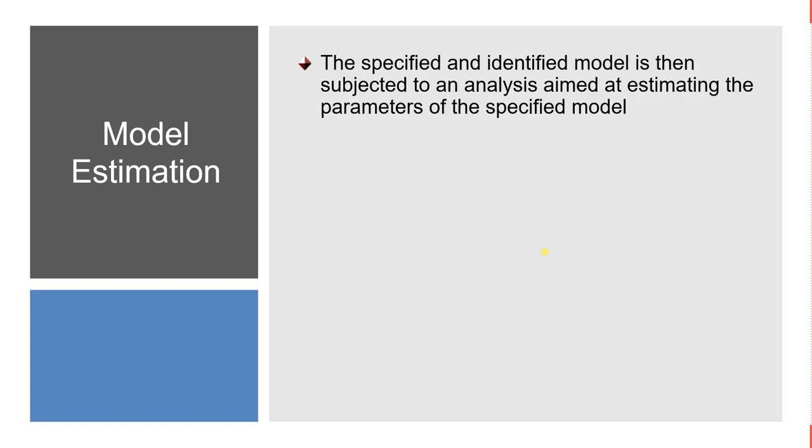Now, once the model has been specified and identified, we enter the next stage of analysis, which aims at estimating the parameters of the specified model. The parameters are the path coefficients, the regression coefficients. Sometimes parameter estimation may include estimation of the variances or covariances also.